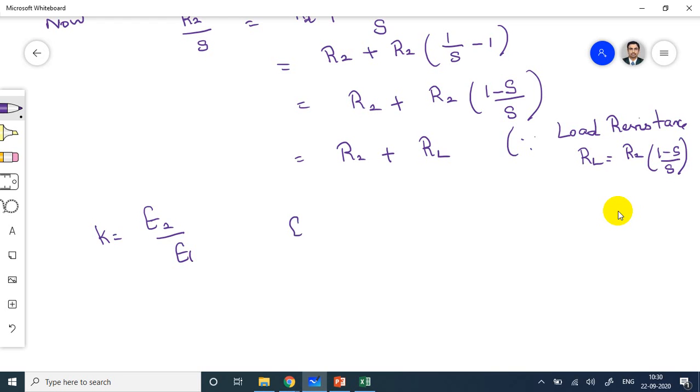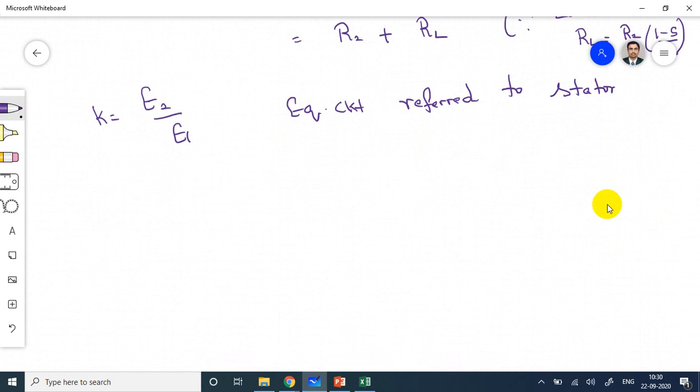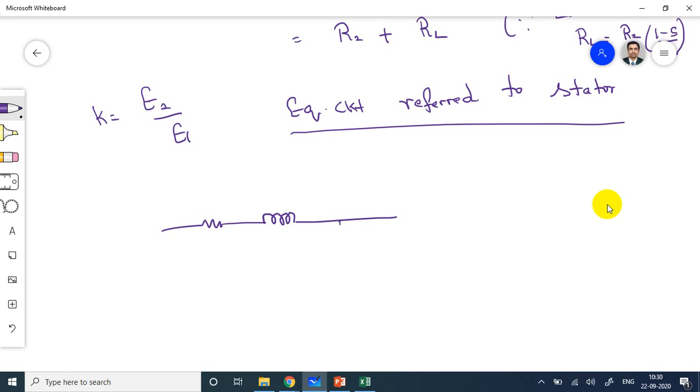Equivalent circuit referred to stator. This is one 3-mark question. In your examination, if I ask to sketch the equivalent circuit referred to stator of an induction motor, you have to draw this diagram.